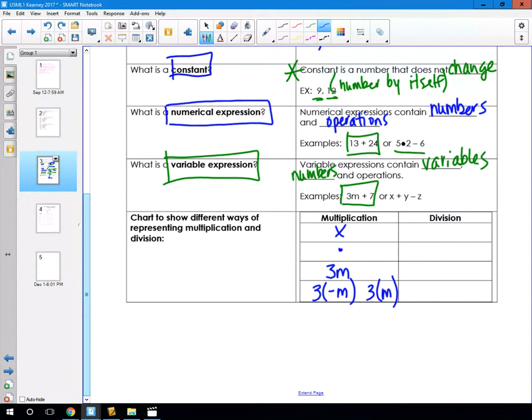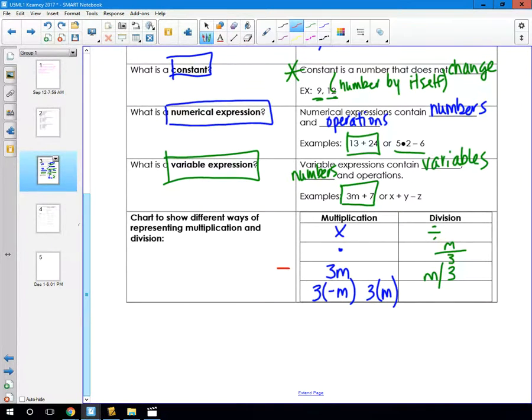And then division, when you first learned to divide, you probably saw division using that old school division symbol, okay? Other ways that we're going to transition into seeing division is you're going to see it written as a fraction. So maybe m divided by 3, or you may see a slash, m divided by 3, okay?